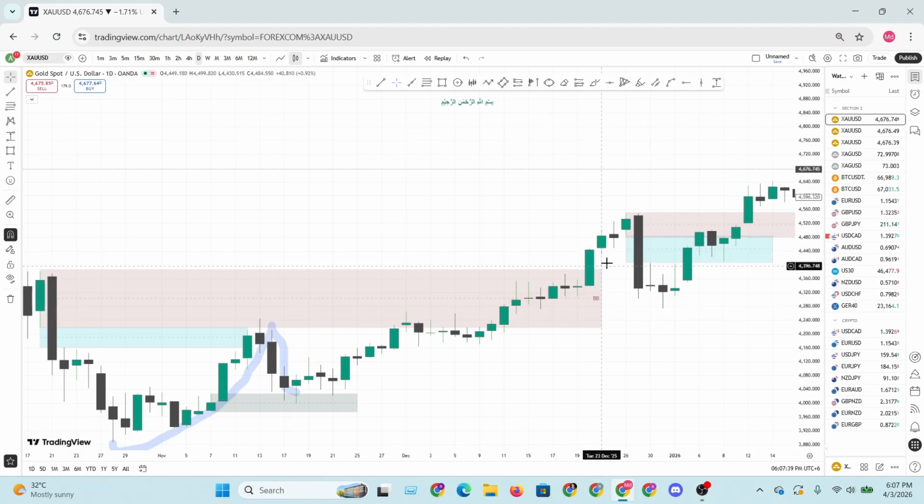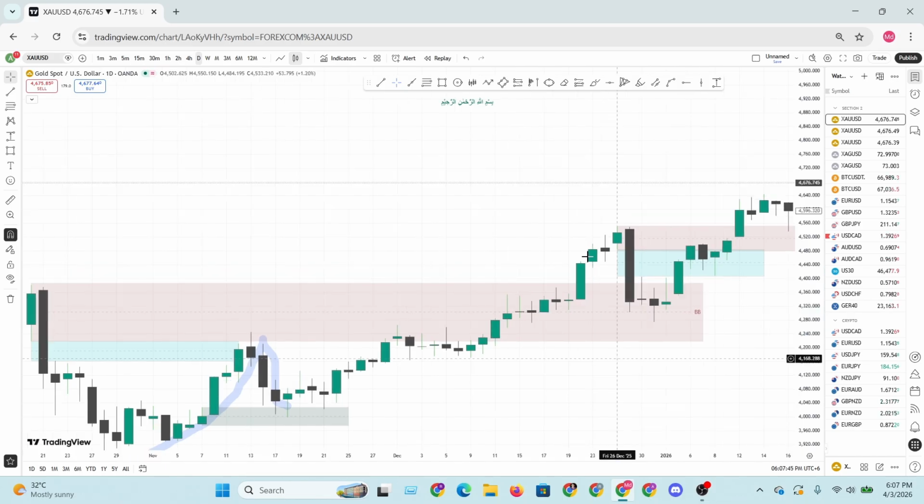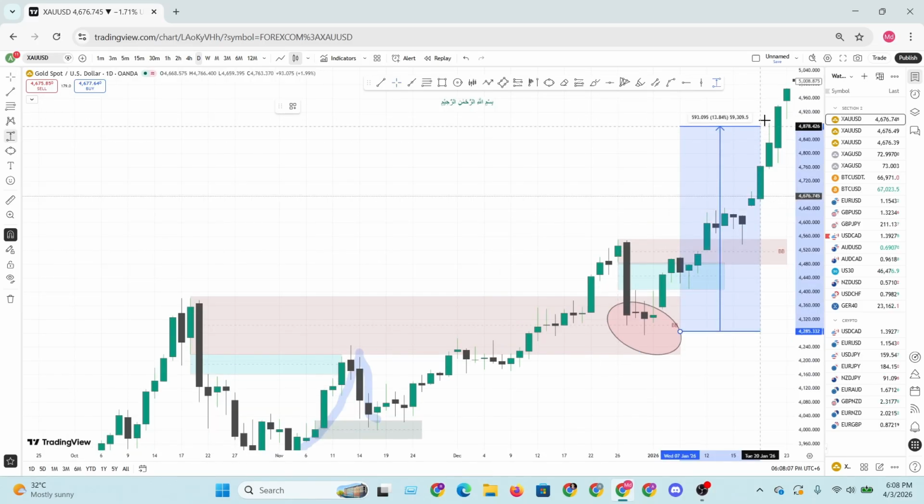So almost 4 to 5 days later, it came and retested this level, and from here it again went bullish.